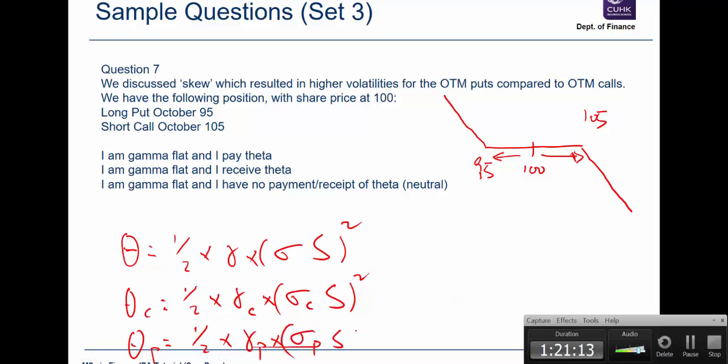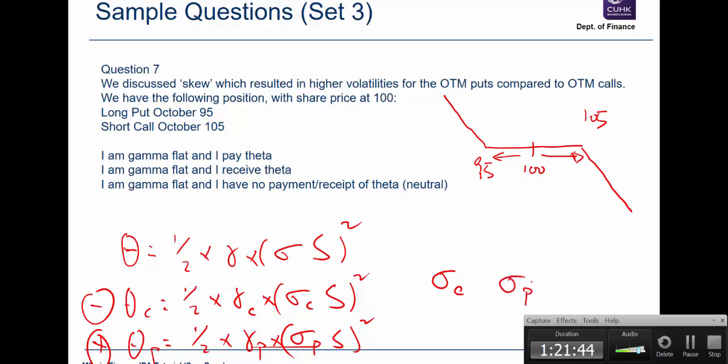So the only thing you need to compare, since you are long this one and short this one, assuming the gammas for the call and the put are equal, is how the call volatility compares with the put volatility.